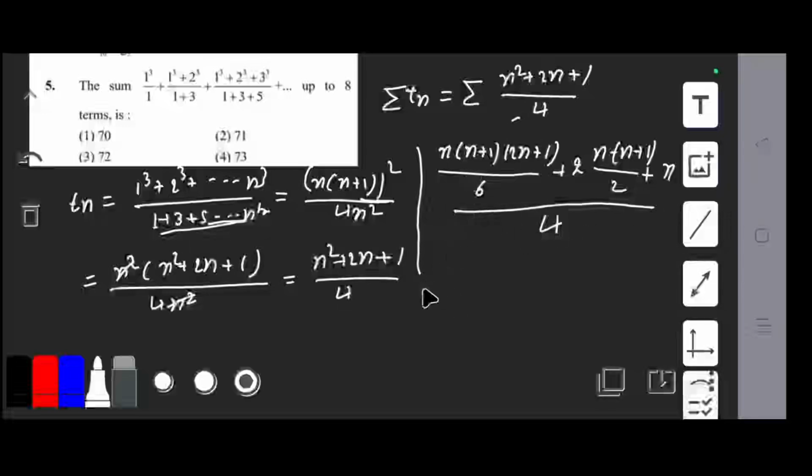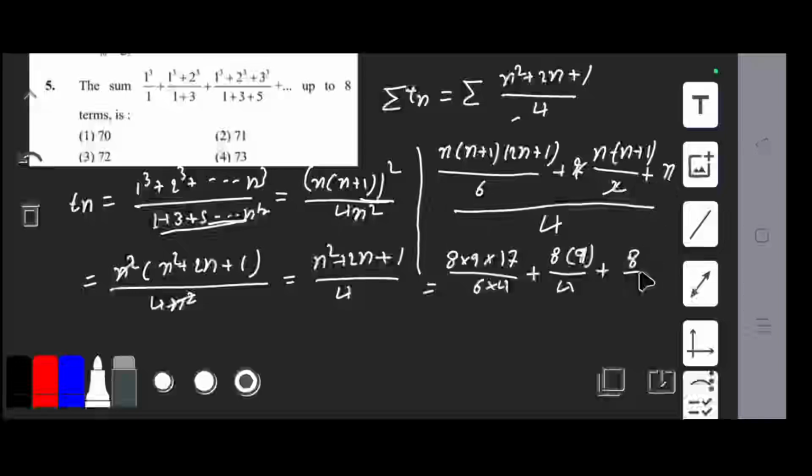So n is equal to 8. Substitute here: 8 into n plus 1, 9, into 2n plus 1, 17, whole by 6 into 4, plus 2 cancel. N into n means 8 into n plus 1, 9, by 4, plus n by 4.